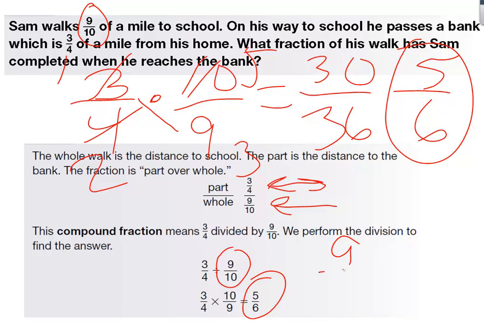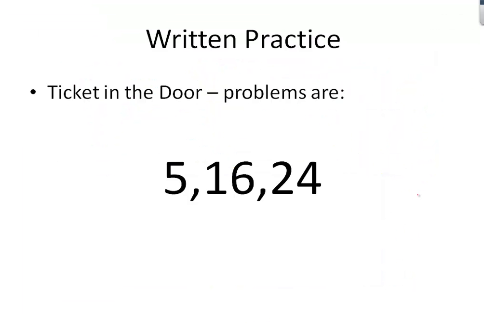Because if we take 9/10 and multiply it by 4/3, we're going to get just the opposite. We're going to get 6/5, which is 1 1/5, and 1 1/5 is not even close to 5/6. So it's important that you slow down, pull the problem apart, and get the right divisor.